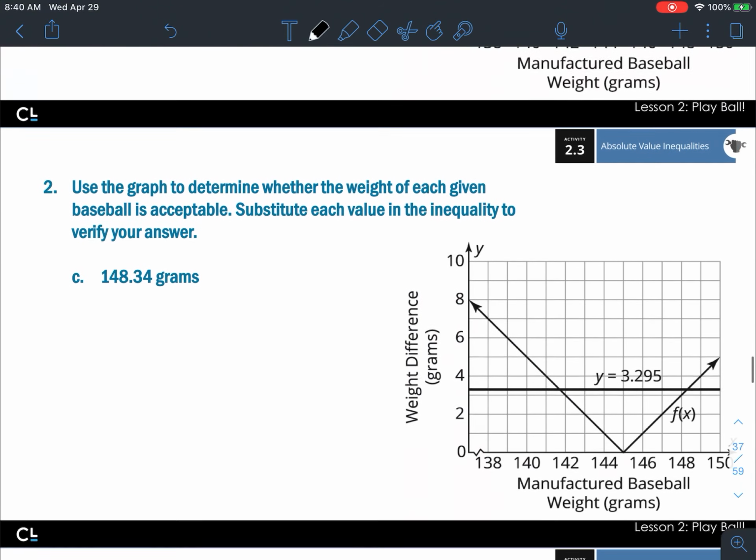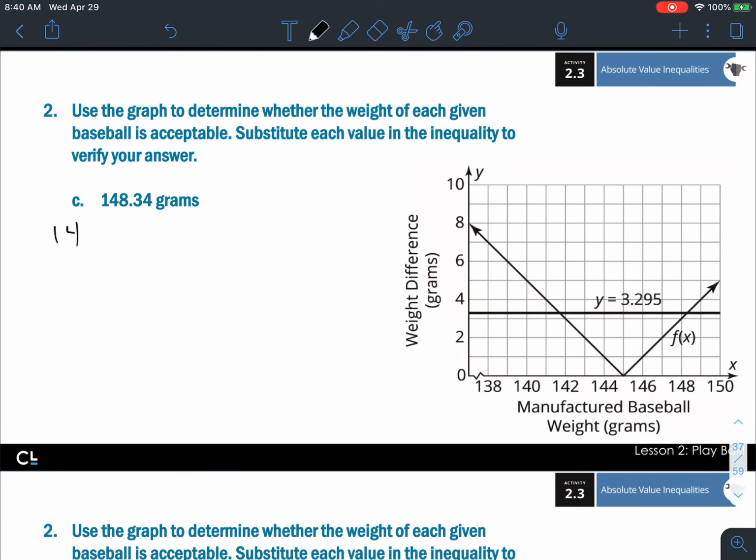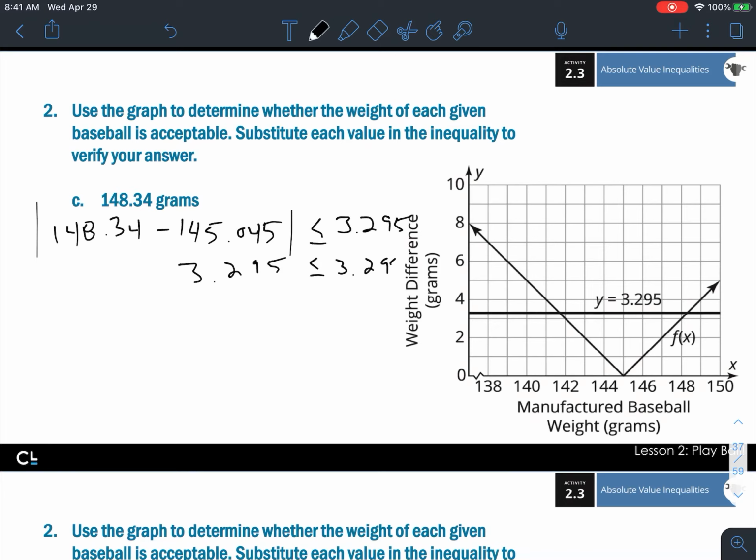Then let's go on to C. 148.34 minus 145.045, absolute value, less than or equal to 3.295. Type in our calculator. 148.34 minus 145.045 leaves us with 3.295 is less than or equal to 3.295.